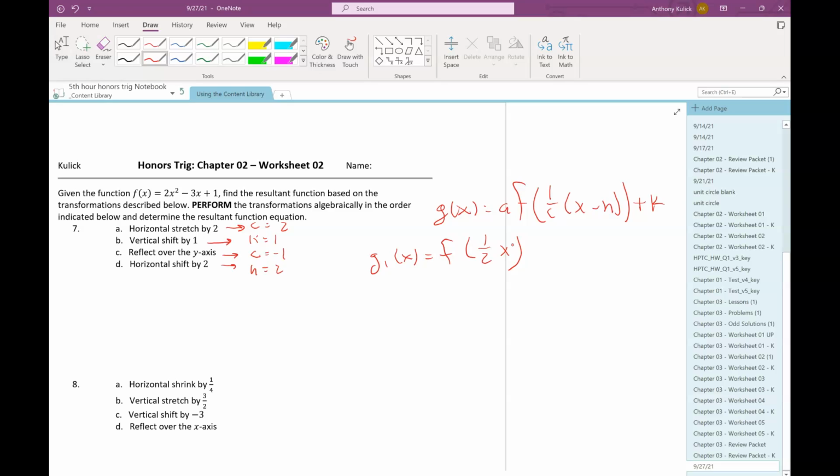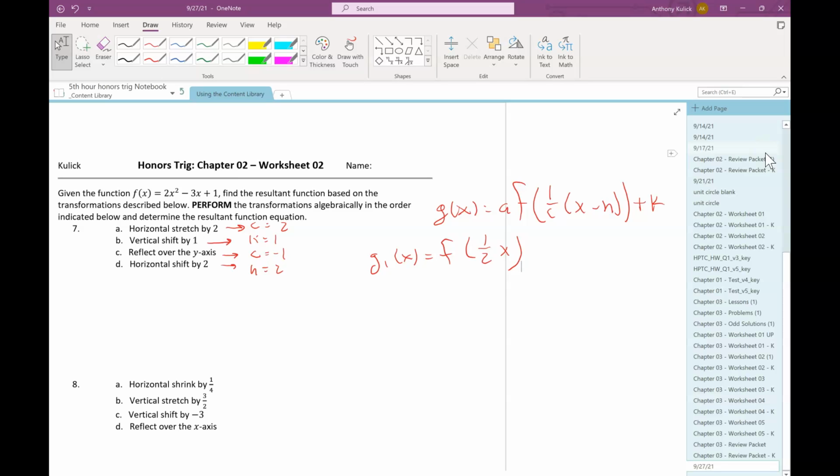Yeah, but C is 2, but it's also -1. Right. So we need to make sure we're doing it in order. We're going to do the stretch first, then the next thing, and then we'll do the flip. So it has to be done in order based on the directions. Is that okay? Yeah. Okay.